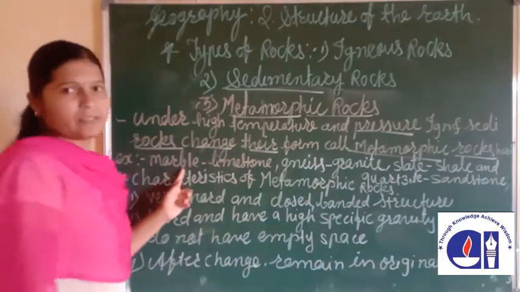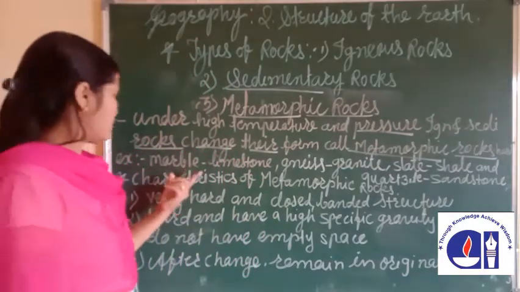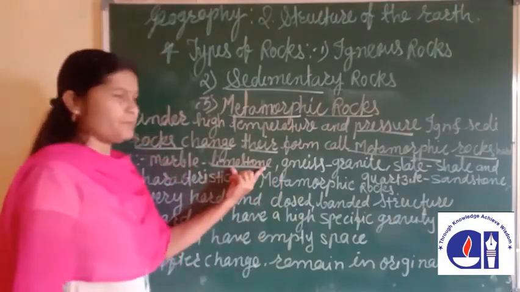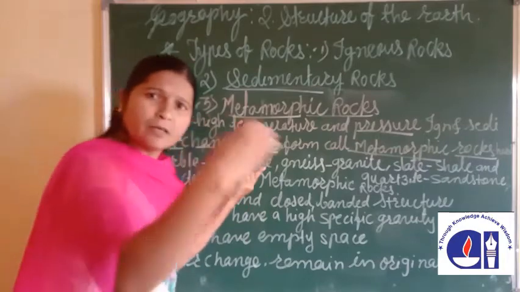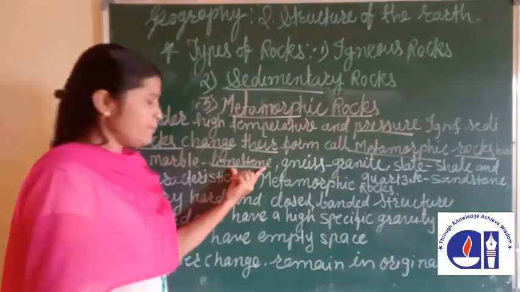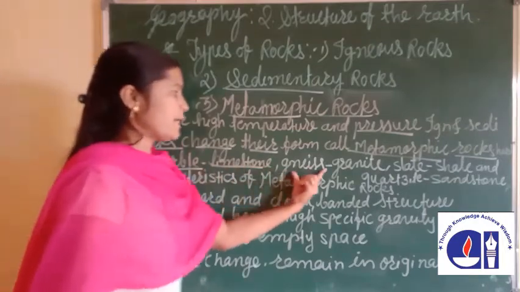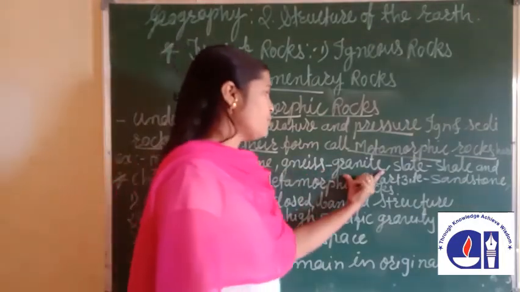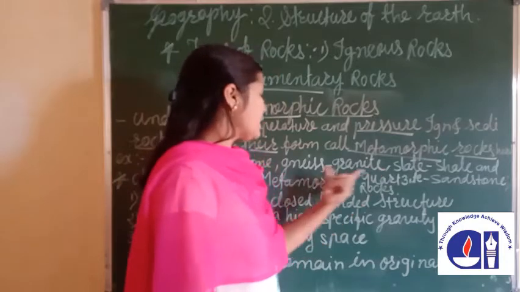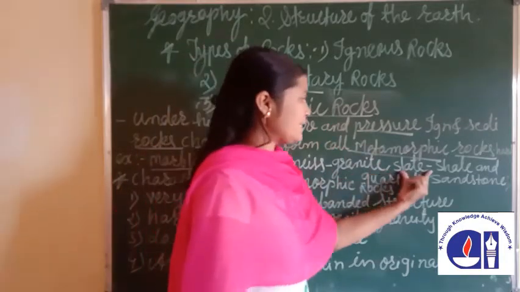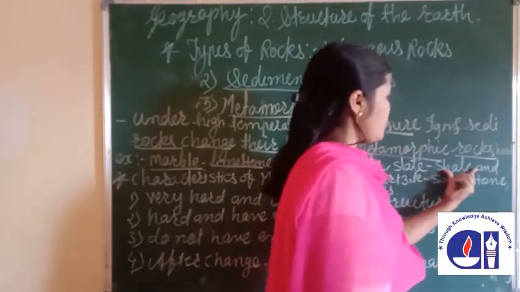Some examples of metamorphic rocks are marble, which is formed from limestone. After a very long time, limestone changed into marble. Next, gneiss, which changed from granite. Slate, which changed from shale.